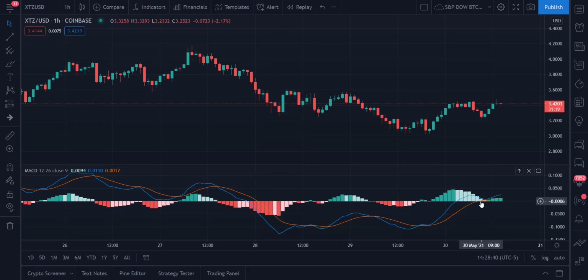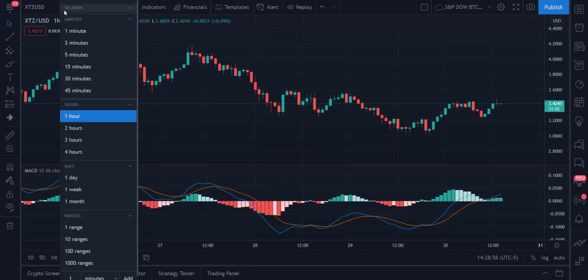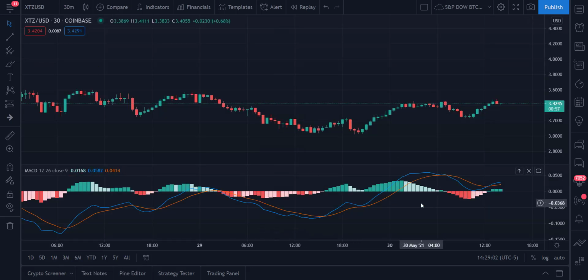So I actually trust this as a bullish indicator. But just remember, this was the time frame where the 60 was still, I believe, between the 10 and the 20. So inconclusive on the moving averages, but bullish in the MACD.